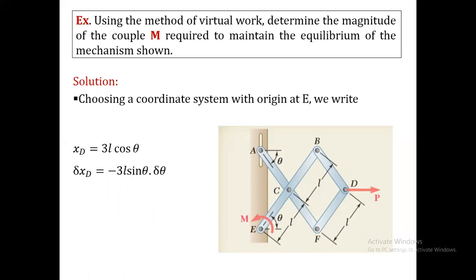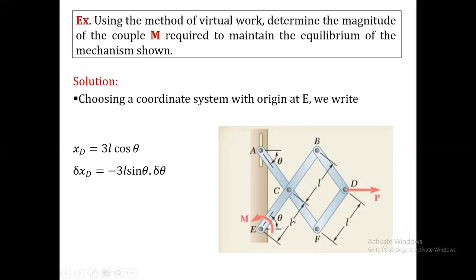You can see the degree of freedom is theta. When M in the specified direction is applied, theta increases and point D will move inward. Point C will also move inward. But if the force P is applied, point D will move outward and theta will reduce.